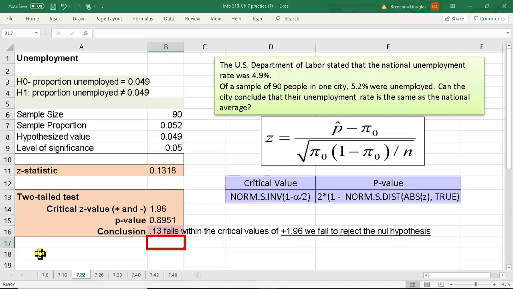This is verified by the fact that our p-value of 0.895 is greater than our significance level of 0.05.